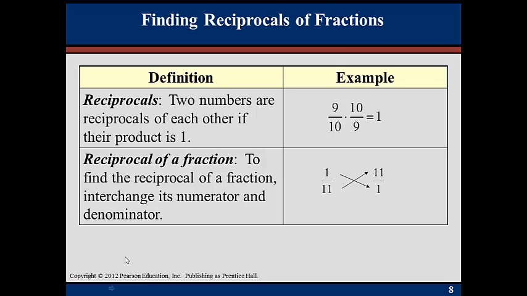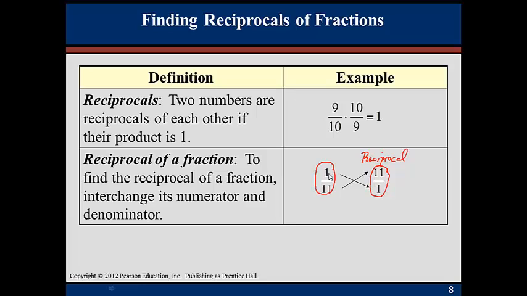Now let's talk about the reciprocal of a fraction. The reciprocal of a fraction is just the flip of the numerator and the denominator. So if I had the fraction 1 over 11, and I was looking for the reciprocal, I would just flip the numerator and the denominator, basically flip the fraction upside down. So now it would be 11 over 1.